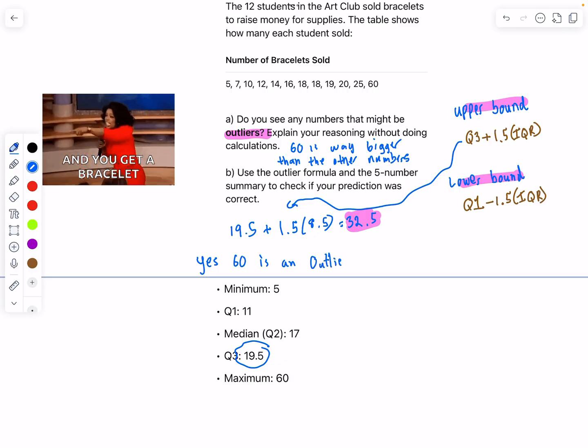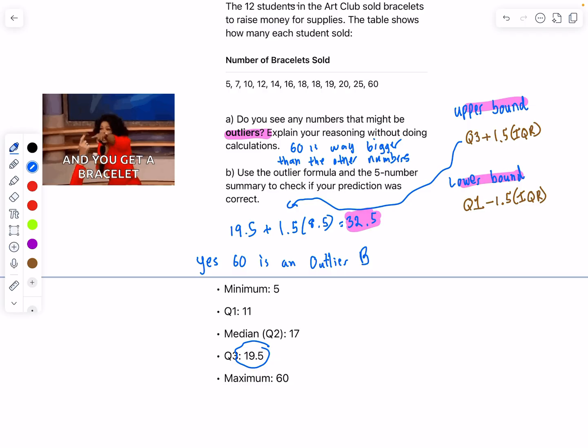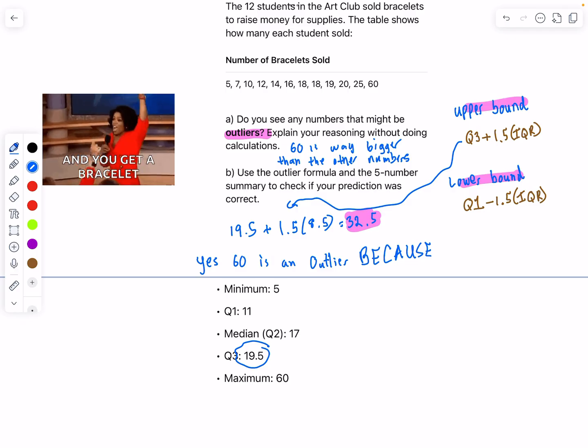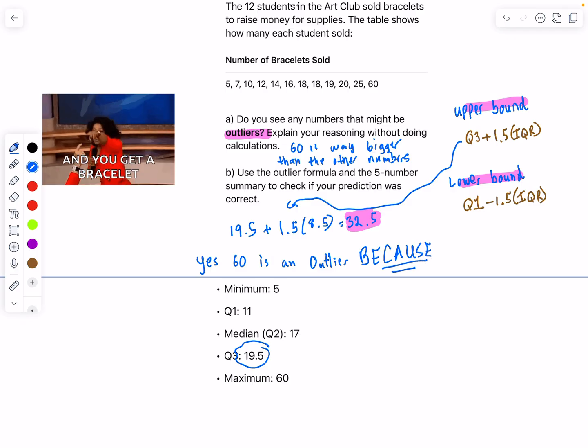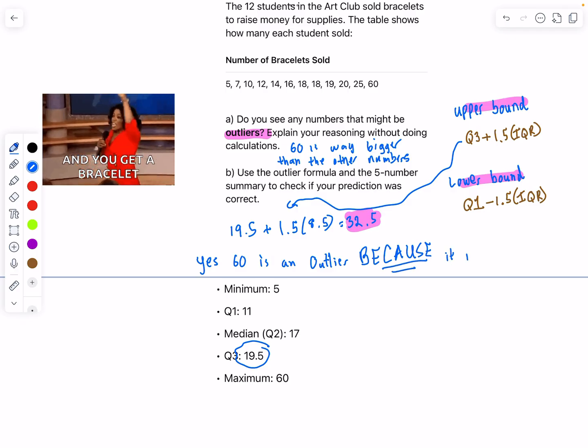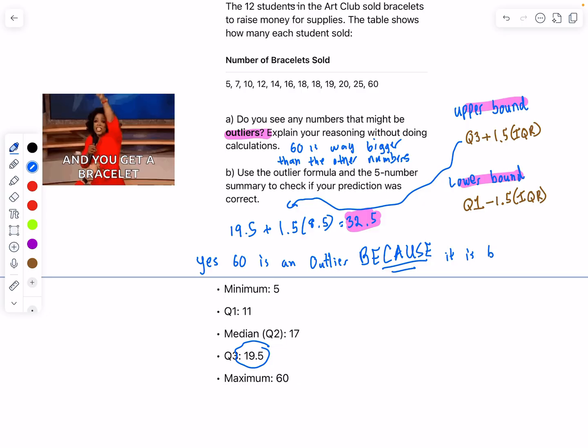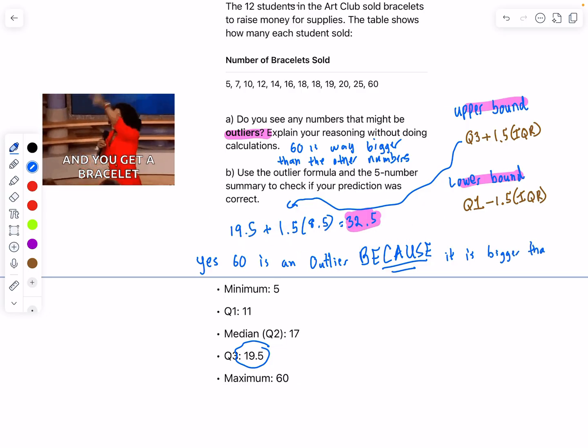And this is the important part, because it is bigger than the upper bound, the UB.